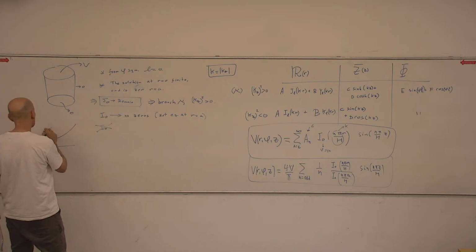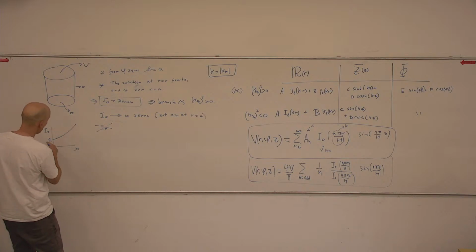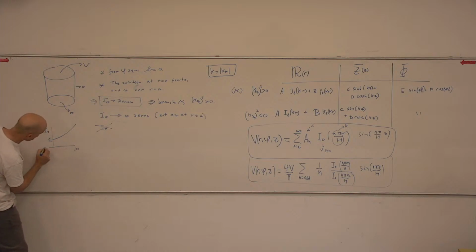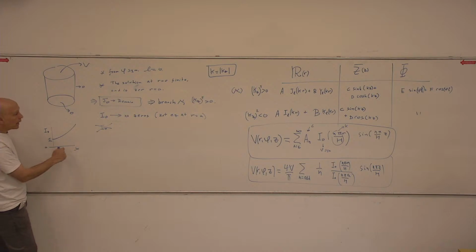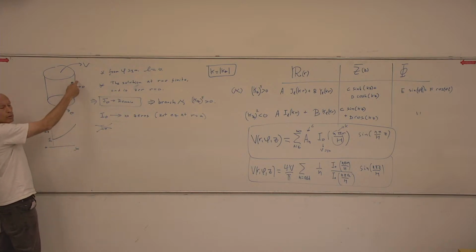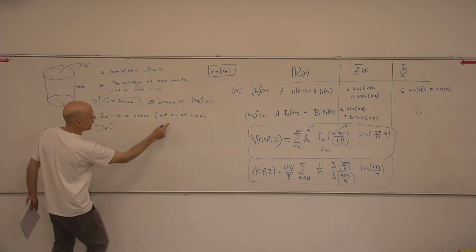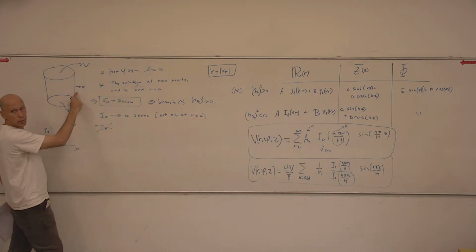If I remember correctly, this was I0 of x. It started at 1 and it went up. This function doesn't cross 0 in any place. And you want it to cross 0 because at R equal A, the potential of the real problem is 0.